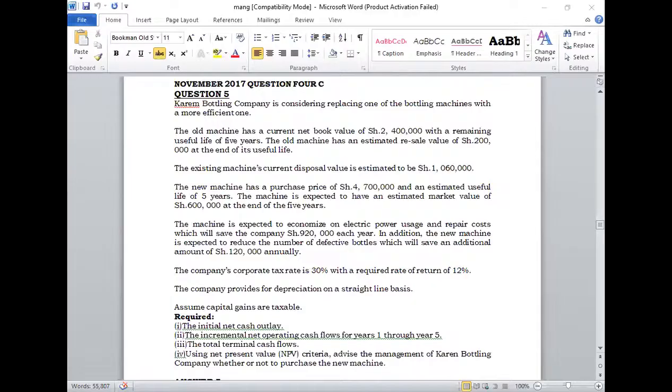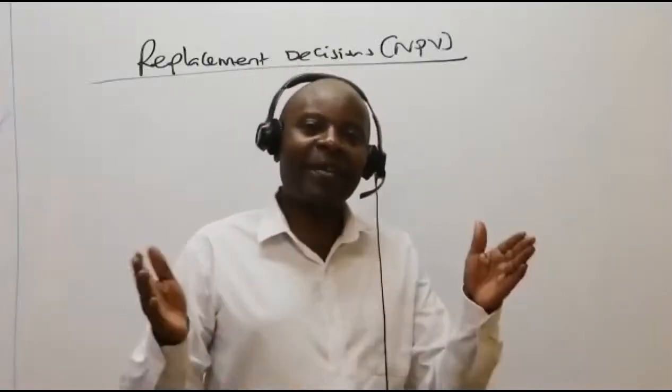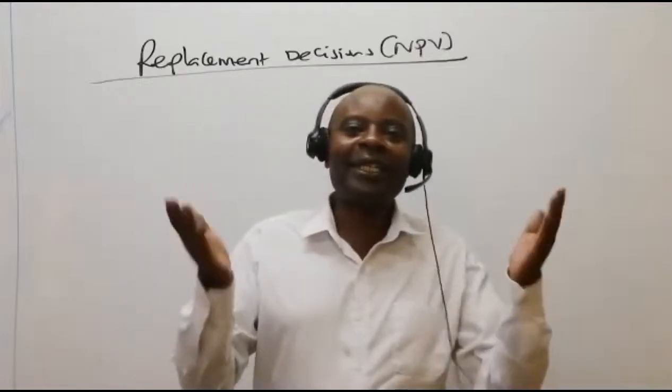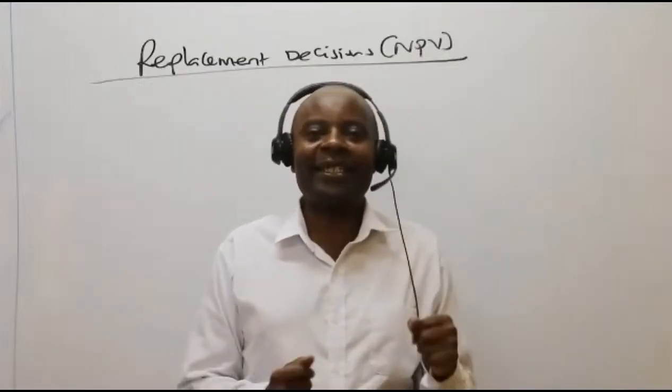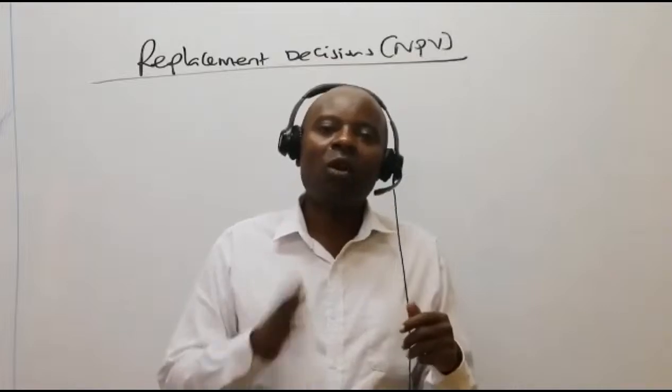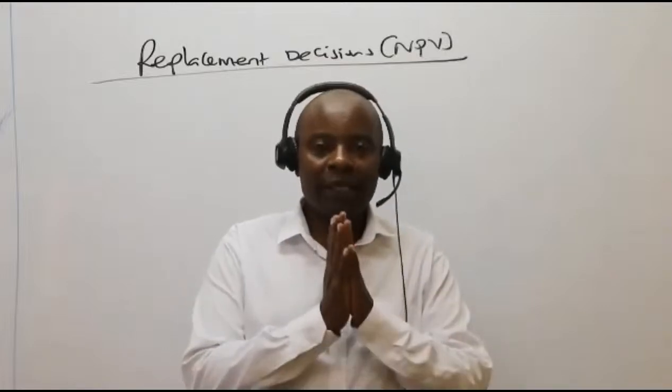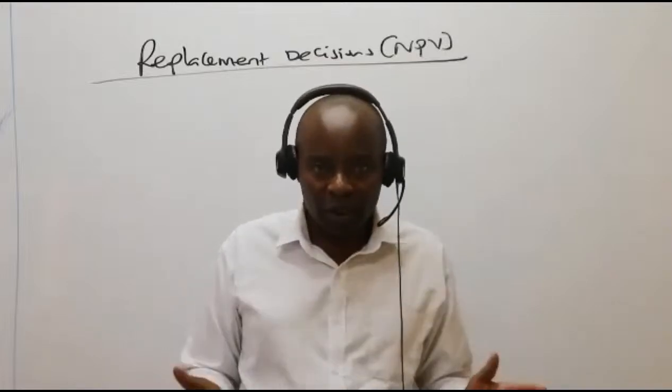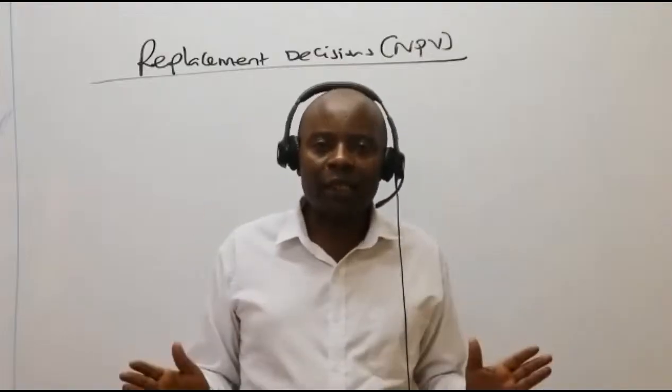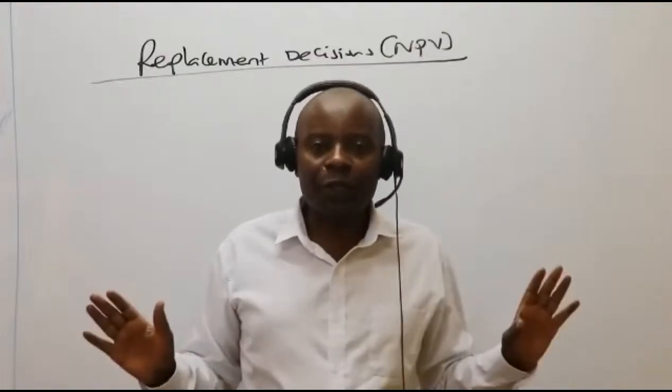Ladies and gentlemen, if it is a replacement question, these are the basic steps. Once somebody tells you to sell your old machine, most certainly you are going to make a loss.